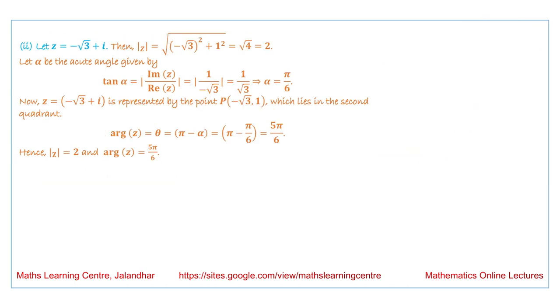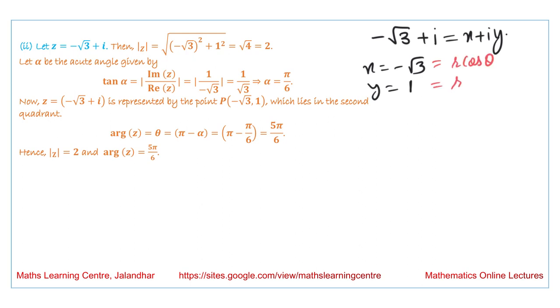Next is the number that is given to us, minus root 3 plus iota. So we have this is equal to x plus iota y. So x is equal to minus root 3, y is equal to 1. So we substitute x is equal to r cos theta, y is equal to r sin theta. We have cos theta is negative, sin theta is positive.